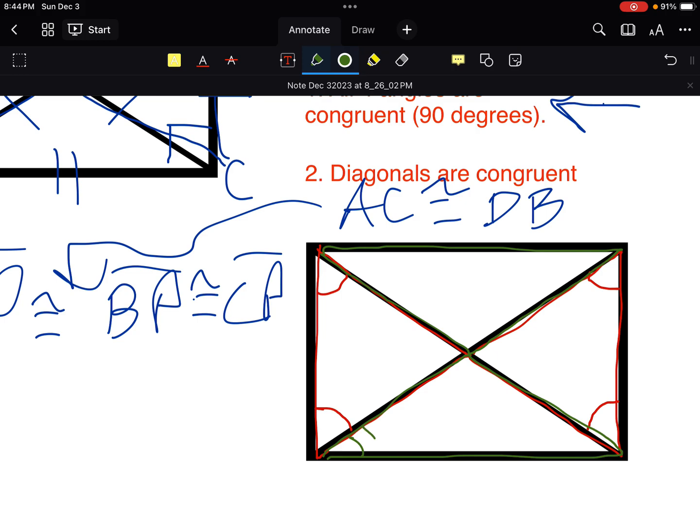So this angle is congruent to this angle, is congruent to this angle, is congruent to this angle. And in the middle we have our vertical angles, so 1, 2, 3 congruent to 1, 2, 3, and then 1, 2, 3, 4 congruent to 1, 2, 3, 4.